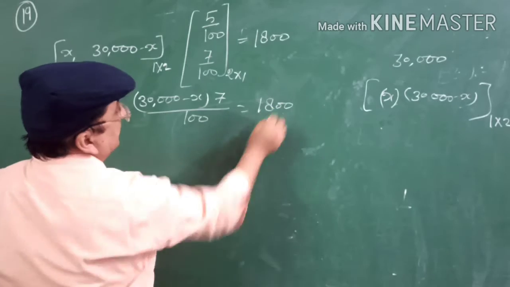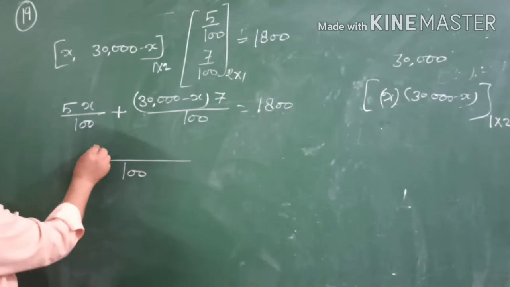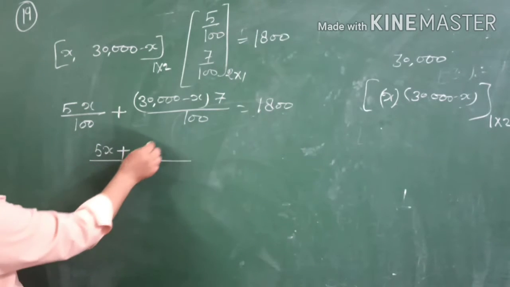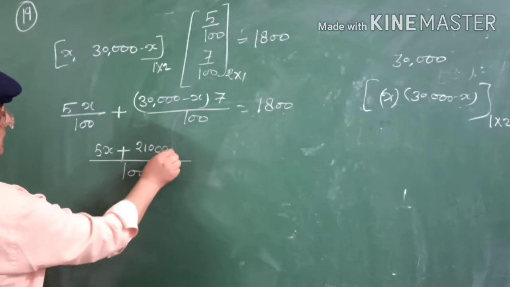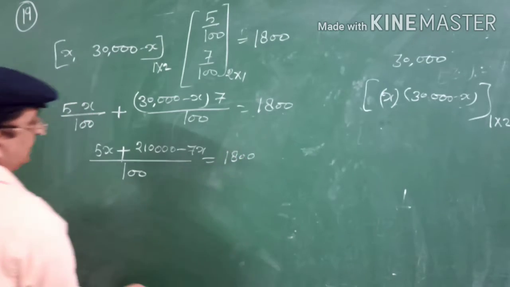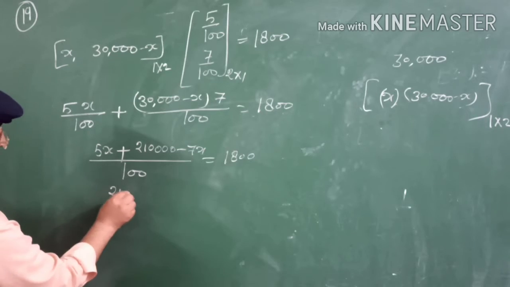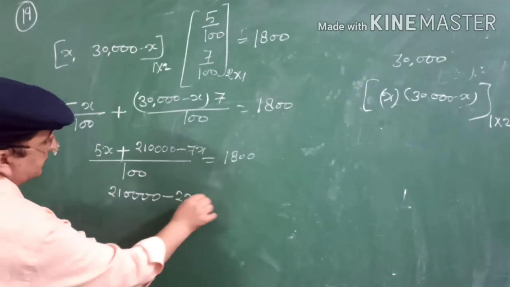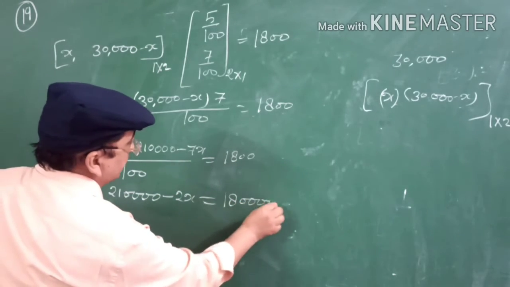becomes 1800. Here taking 100 as LCM, we can solve: 5x plus 210,000 minus 7x equal to 180,000. So 5x minus 7x, that is minus 2x, plus 210,000 equal to 180,000.